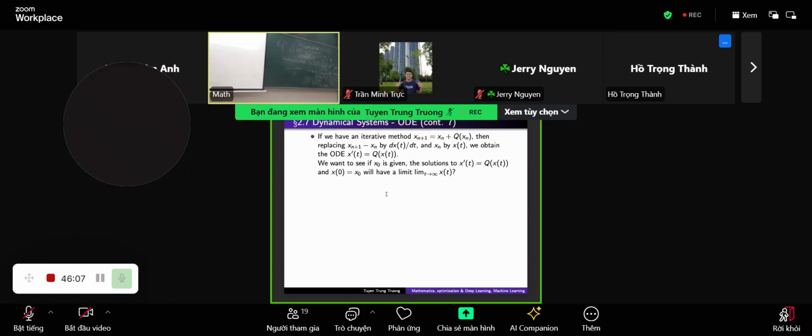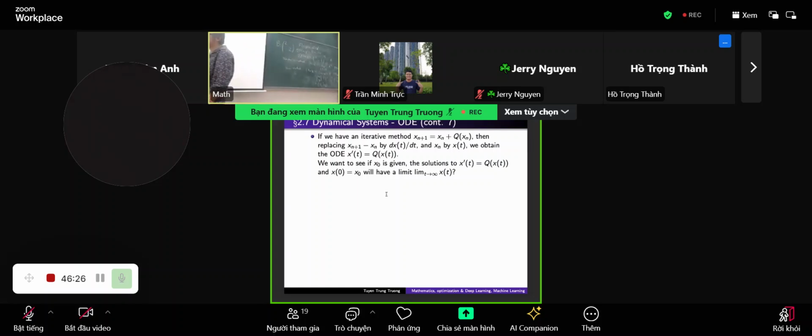One important topic in the system, which people now also try to use for deep learning, is the flow method. You have a close relation between iterative methods and what's called the flow.